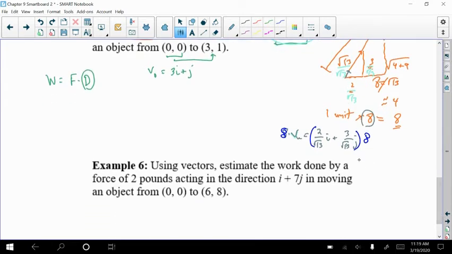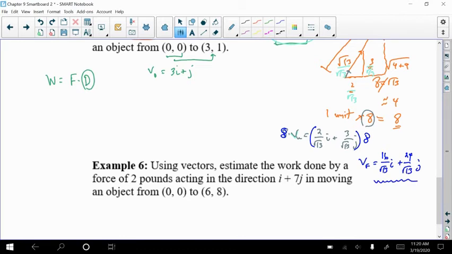So now my vector that could represent force, F, would equal 16 over root 13 i plus 24 over root 13 j. Okay, so that's the vector that I want. Same direction, now it has the appropriate magnitude.